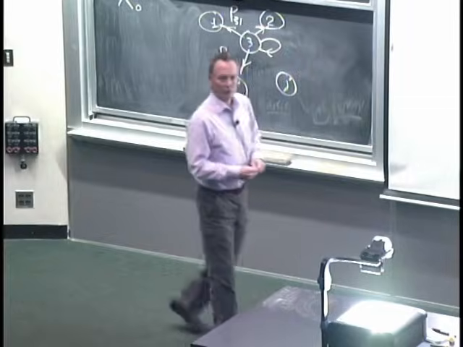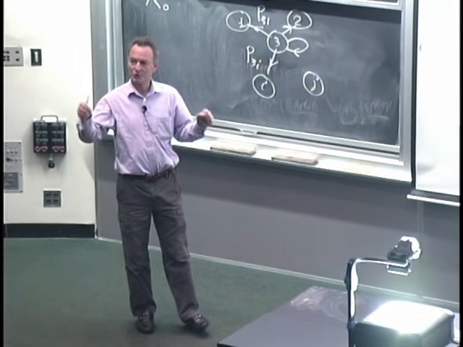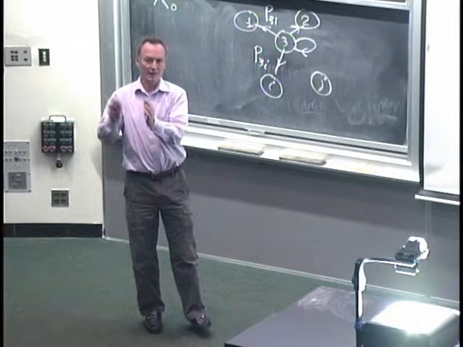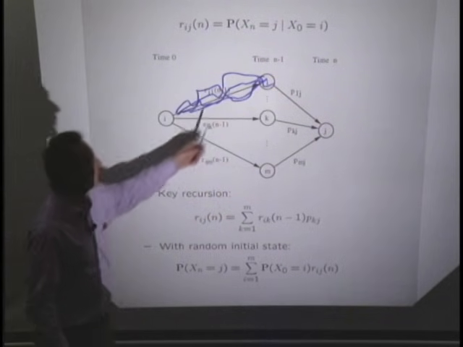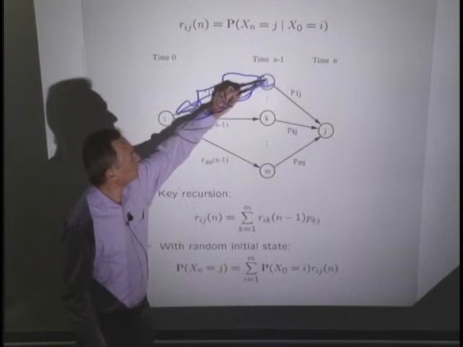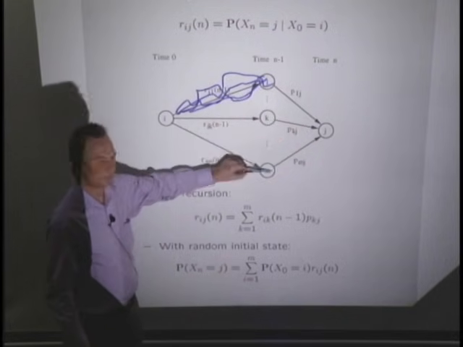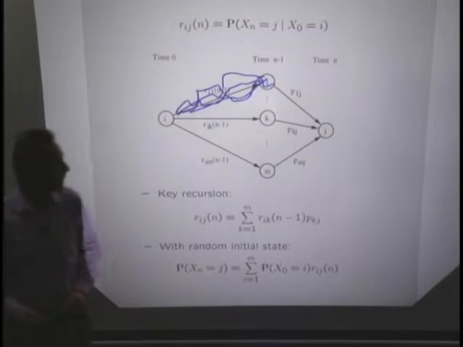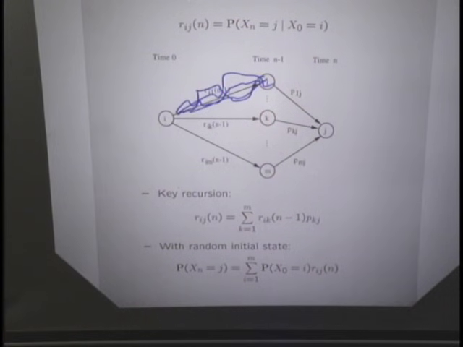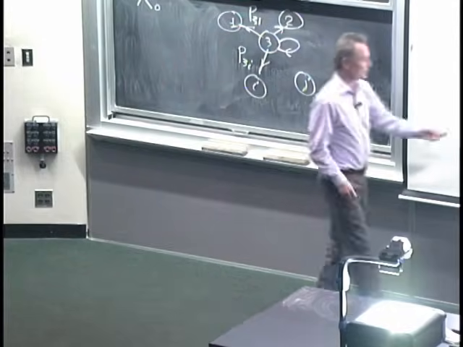So this diagram breaks up the set of all possible trajectories from i to j into different collections, where each collection has to do with which state happens to be the state just before the last time step, just before time n. And we're going to condition on the state at time n-1.